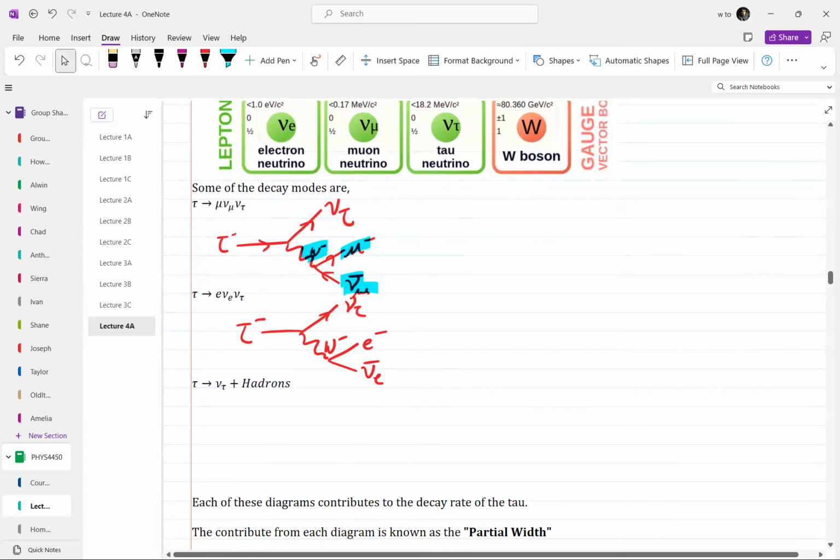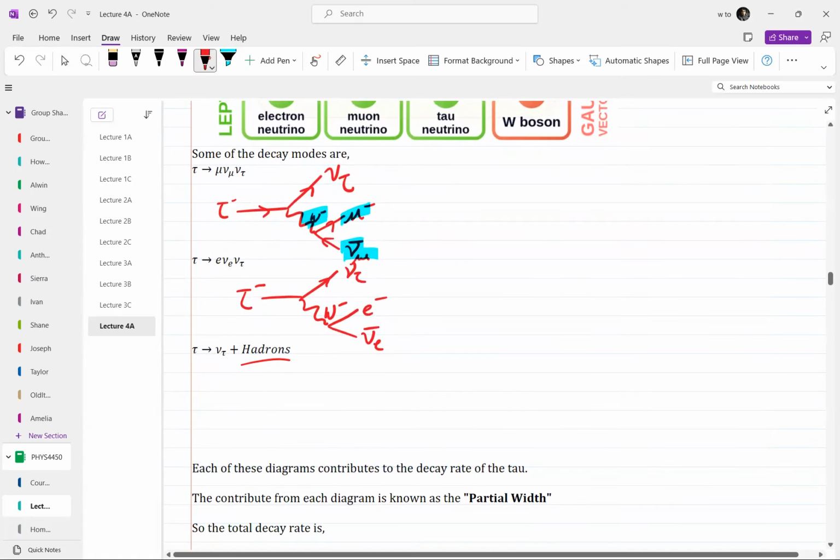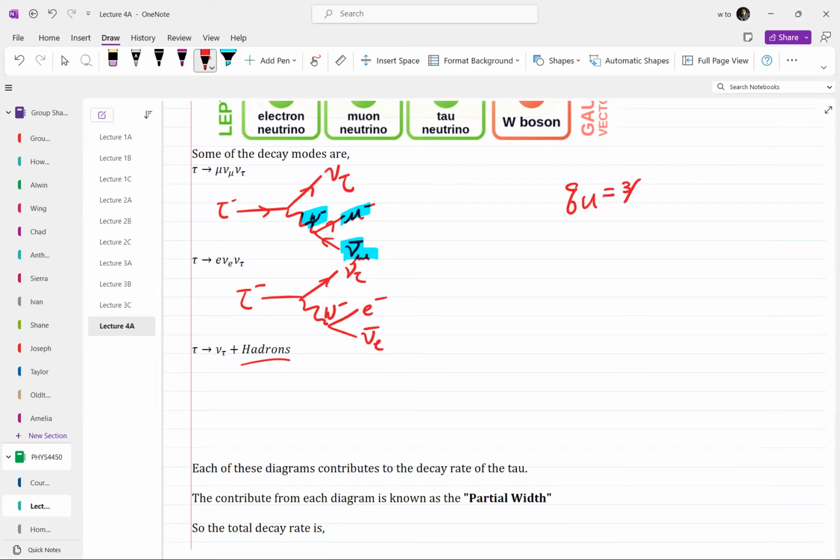What's even more, the W minus has a -1 charge total, okay? But for example, the up quark has a charge of 2/3, upside down fractions, right? And then an anti-down quark has a charge of 1/3, right?